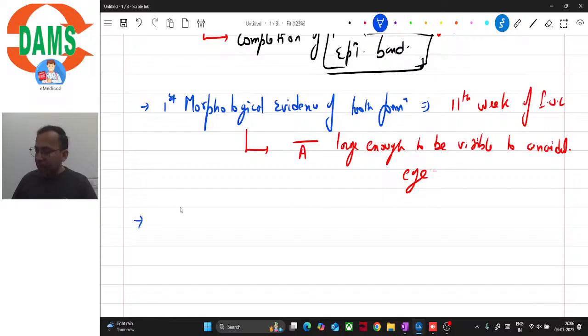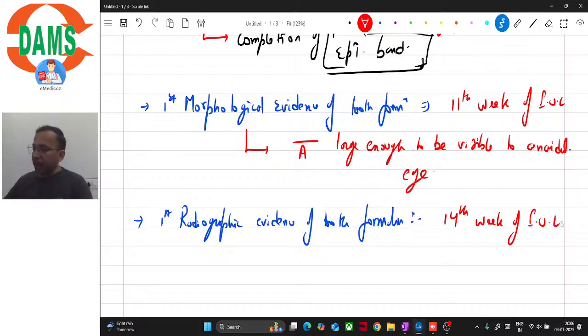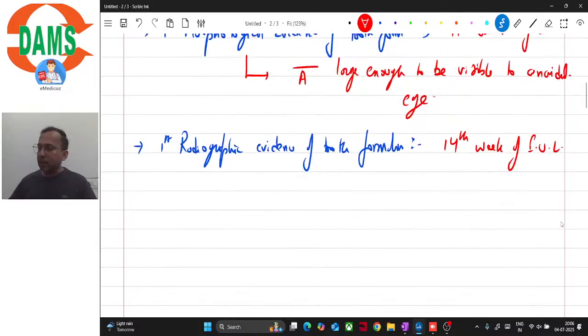And lastly, we talked about the first radiographic evidence of tooth formation. When was it? Basically, it was at the 14th week of intrauterine life, isn't it? And what happens then?